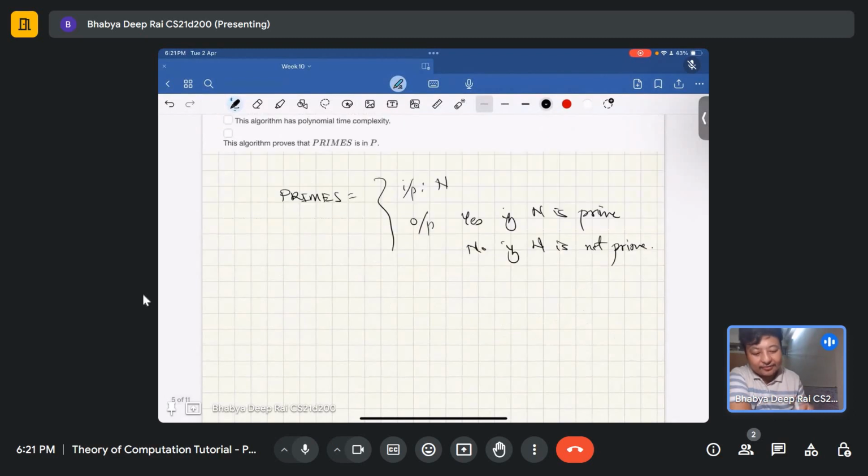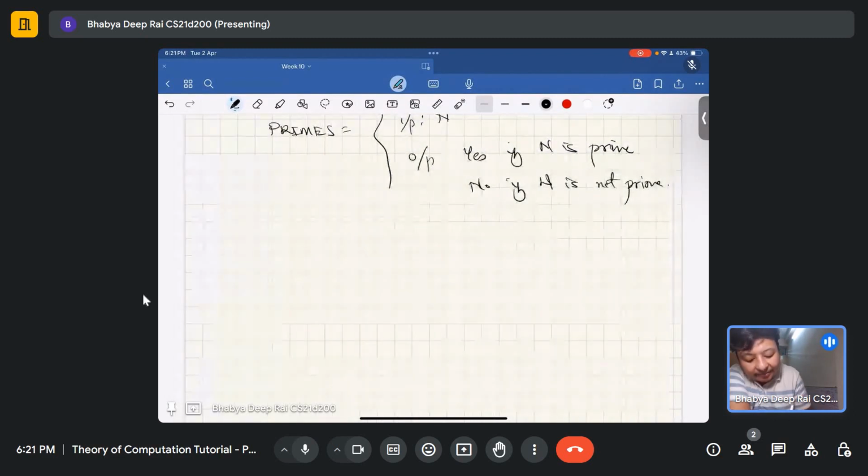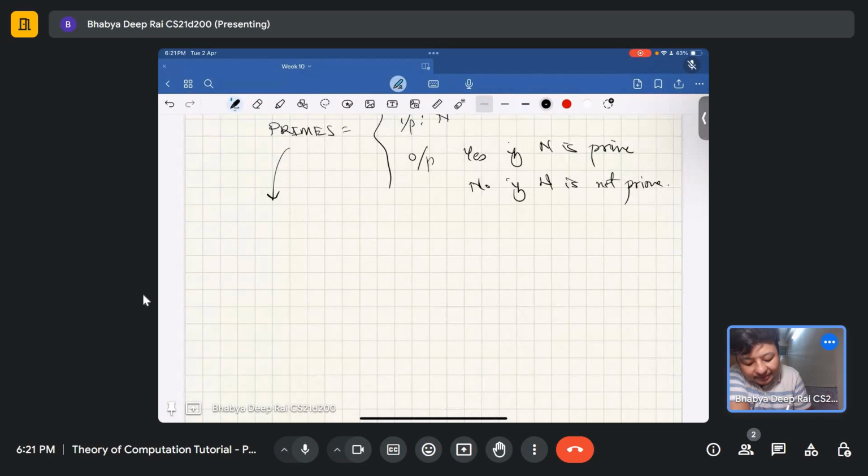So what is the high school method of doing it? What is prime? Prime is a number whose only factors are 1 and n. Nothing between 1 and n will divide a prime number.